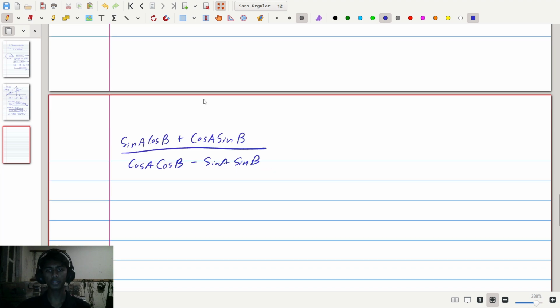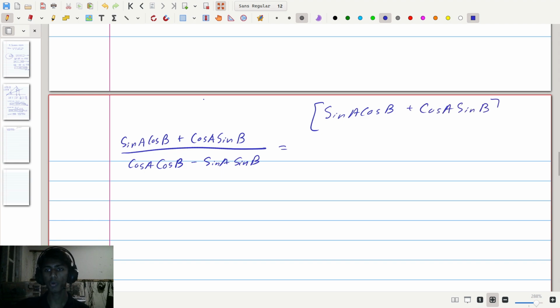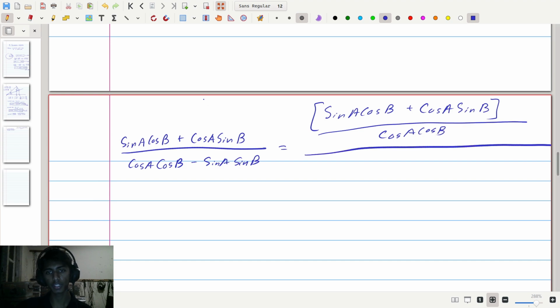So what we're going to do here is divide the top and bottom both by cosine of A times cosine of B. So we're going to do sine A cosine of B plus cosine of A sine of B. We're going to divide the whole thing by cosine of A cosine of B, and then that whole thing is again divided by cosine of A cosine of B minus sine of A sine of B. And then we're going to divide this thing again by the same number, cosine of A cosine of B.